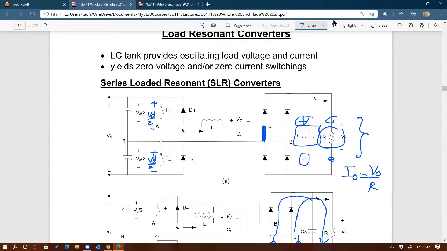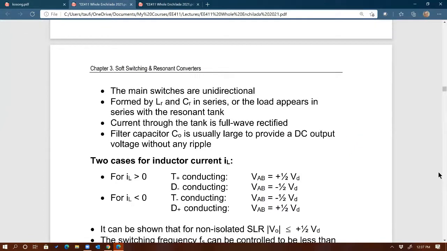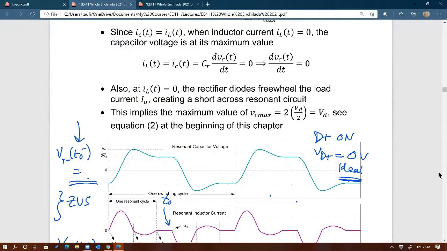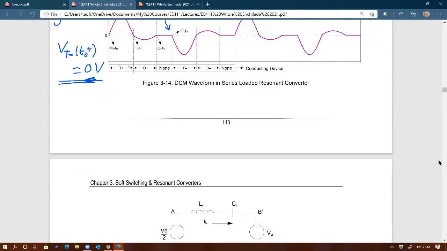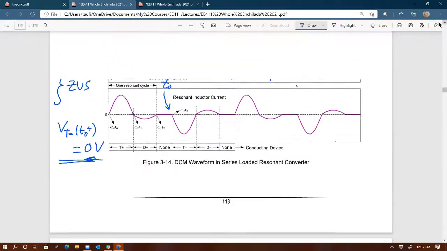Is that a sine wave or a constant? Of course, it's a constant, right? That's a DC voltage across each switch. So if I draw voltage across the switch when none is conducting, let me go to here. Let me pull this up a little bit more.